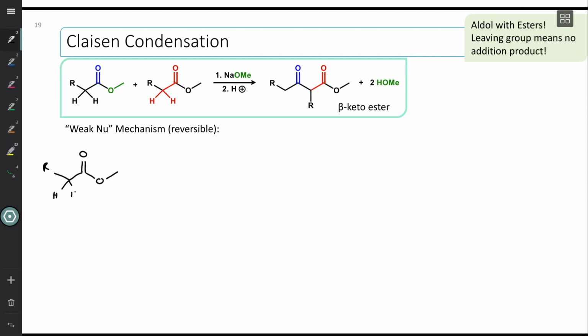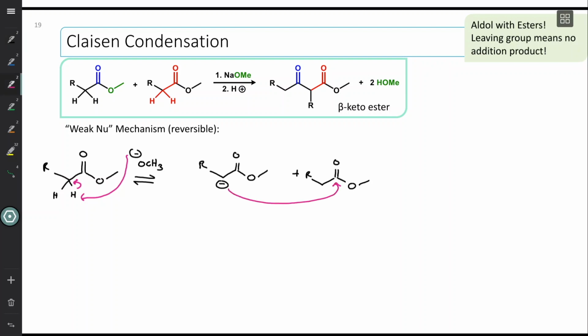So first we're going to deprotonate. The base is going to deprotonate and form our enolate, like that. And now we're going to add another one. Now this is a straight Claisen, so it's going to be the exact same molecule. It's going to attack, this breaks that double bond.